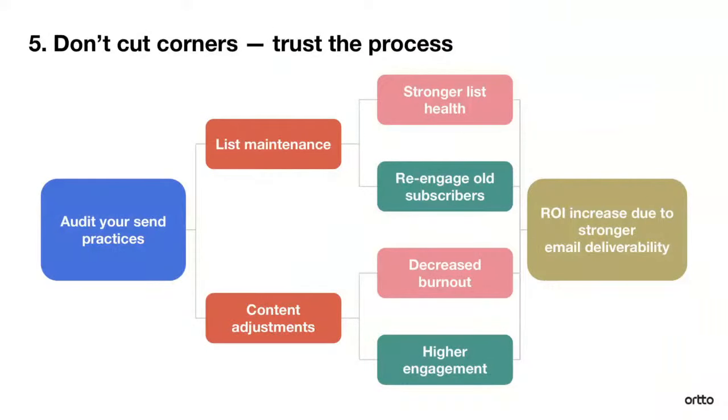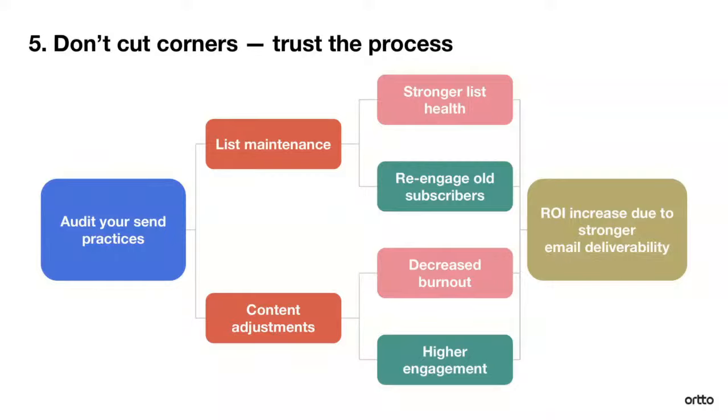And at the end here, trusting the process, not cutting corners, is really, really important. And that's not just a little spiel to cover up, fill a hole here that we need. No, there's really two big things when it comes to approaching and improving your deliverability and essentially your ROI around your email marketing.